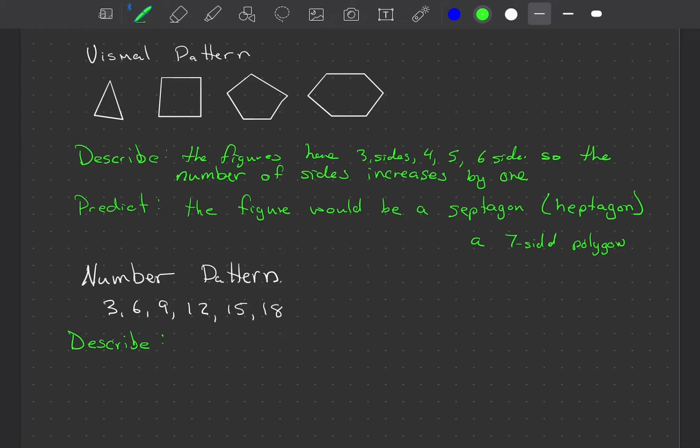And we look at this and go, okay, so for each number after the first one, because the first number starts off at 3, each number after the first is 3 more than the previous.